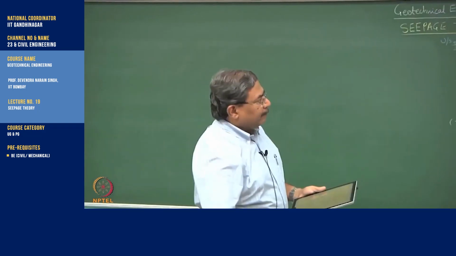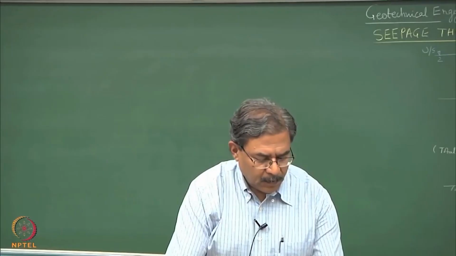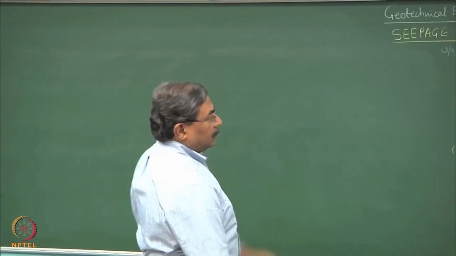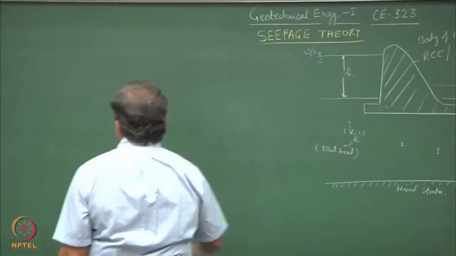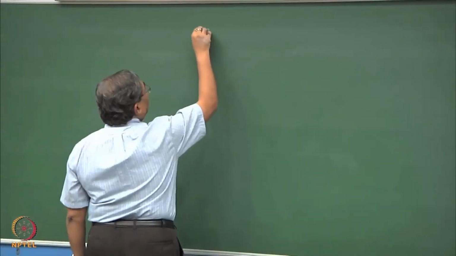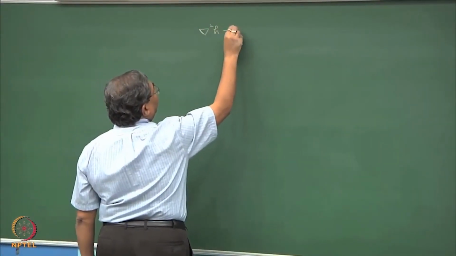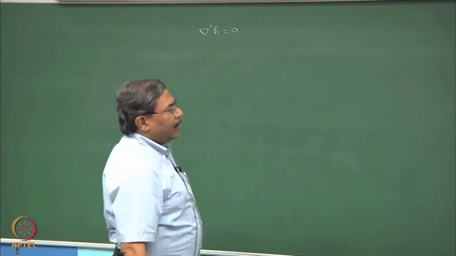Now, if I play with this equation, there are two ways of interpreting this. Now, h happens to be the total head which is causing flow to occur in this case.